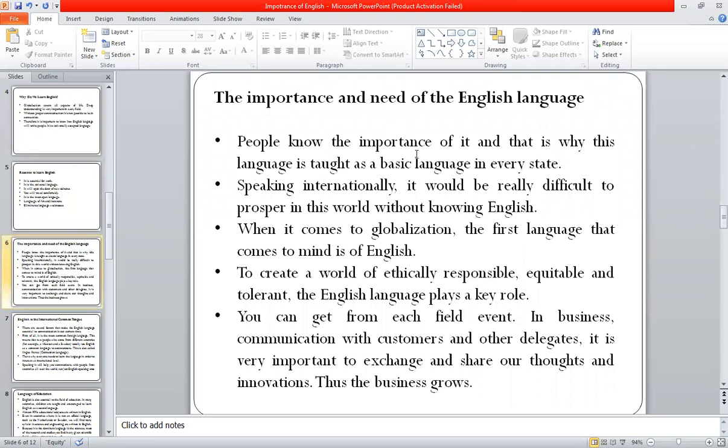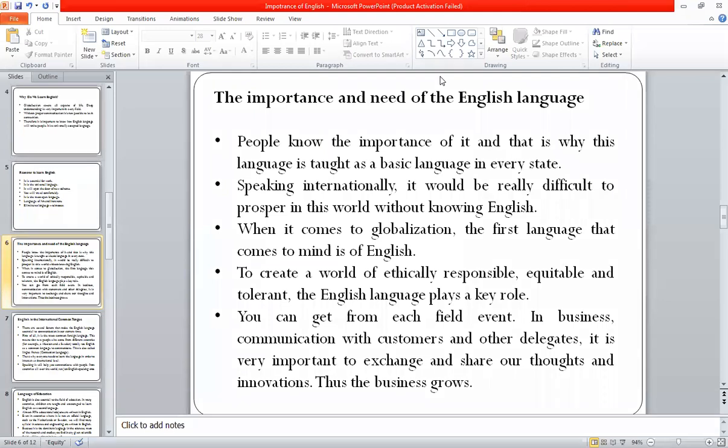People know the importance of it, and that is why this is the language which is taught as a basic language in each and every state. As today's need and importance of the English language has increased, this language is taught as a basic language or second language in more and more educational institutes.